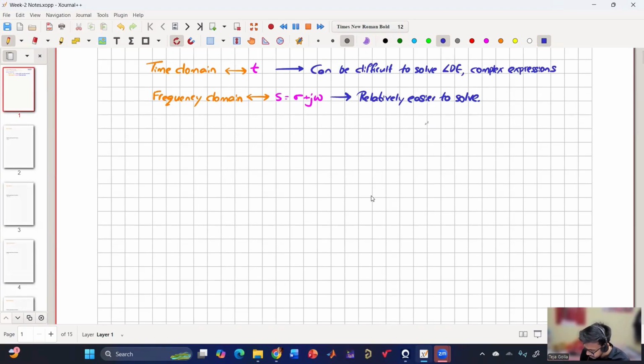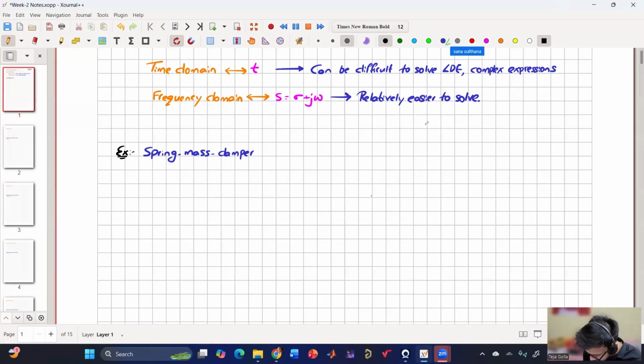I'll quickly consider one example, which is also what Sir has considered. So if we consider a spring mass damper, we'll have one second order equation as we have discussed in the last class, which is m x double dot plus b x dot plus k x equals 0, where x is the displacement, m is the mass, b is the damping, and k is the spring coefficient.